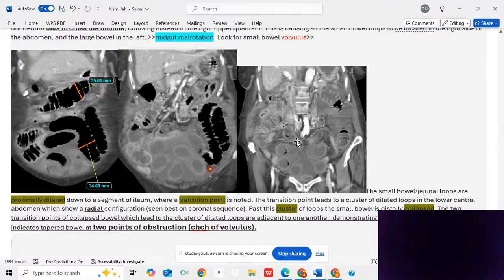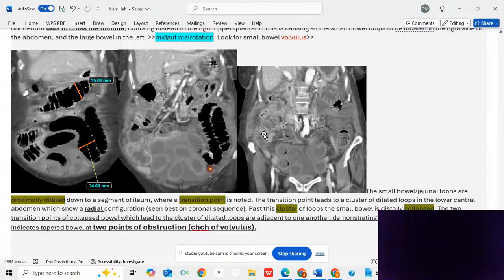And after the level of the volvulus, we have collapse of the distal bowel loops. Okay, distally collapsed bowel loops, proximally dilated bowel loops, two points of obstruction or two transition points, a cluster of dilated bowel loops in a radial configuration, then distally collapsed bowel loops.